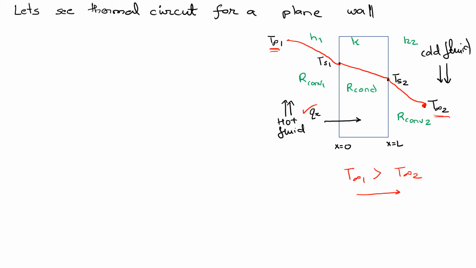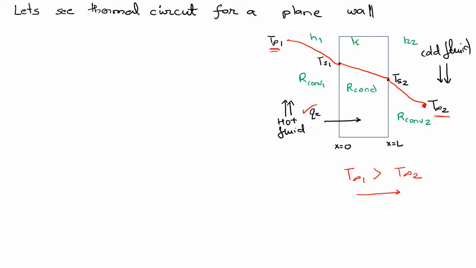Now how will our circuit diagram look like? So anytime you draw a circuit diagram for a thermal system, the first thing you must identify is the direction of your flow. So it will always be from a higher temperature to lower temperature. The second thing is identify if the system is in series or parallel.